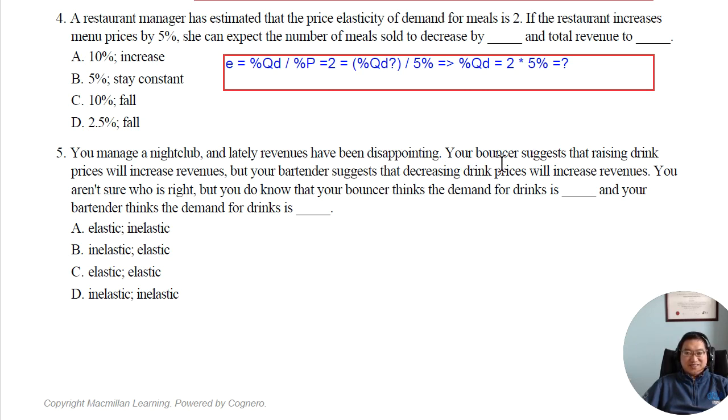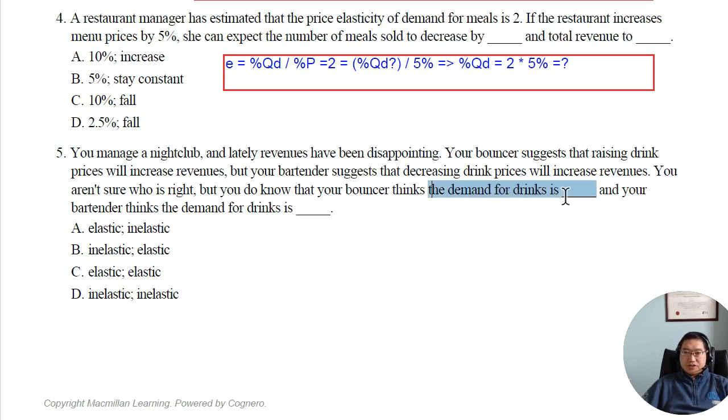Your bartender suggests that decreasing drink prices will increase your revenue. So basically, the bouncer and the bartender have different opinions because they think changing the drink prices will have different impacts on the revenue. You're unsure who is right, but you do know what your bouncer thinks.